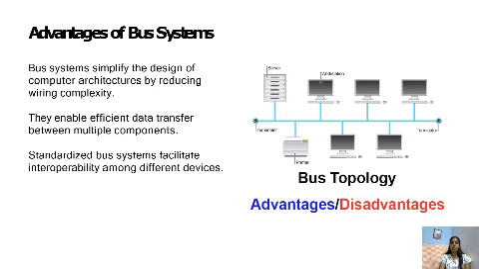And now let us see the advantages and disadvantages of bus systems. Firstly, advantages. Bus systems simplify the design of computer architectures by reducing wiring complexity. They enable efficient data transfer between multiple components. Standardized bus systems facilitate interoperability among different devices.